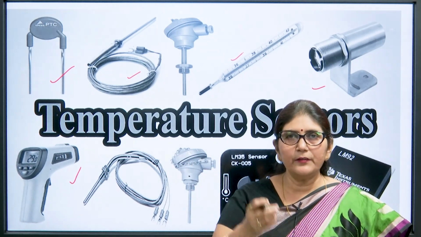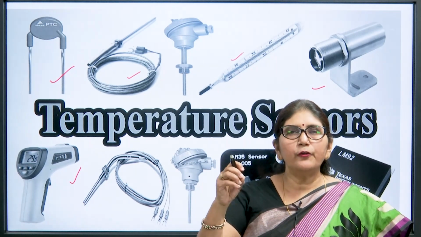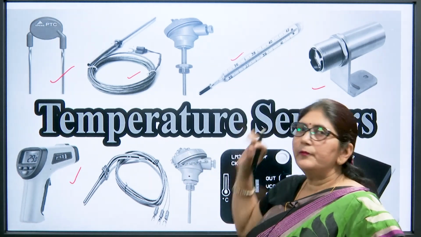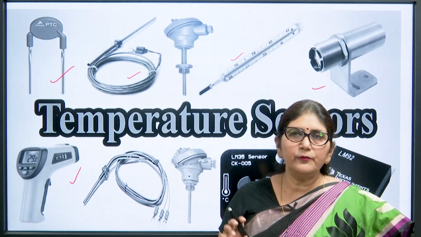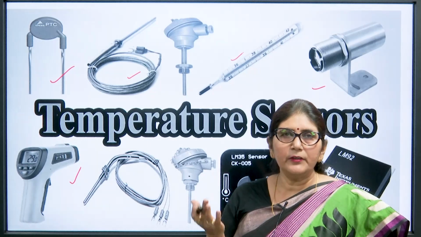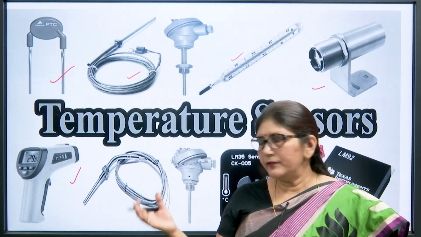Since it is placed in a transparent tube, the change in volume is detected as the change in temperature. So, this type of thermometer is also a transducer, it converts the change in temperature into a change in volume. Similarly, thermocouples convert the change in temperature into a change in voltage.